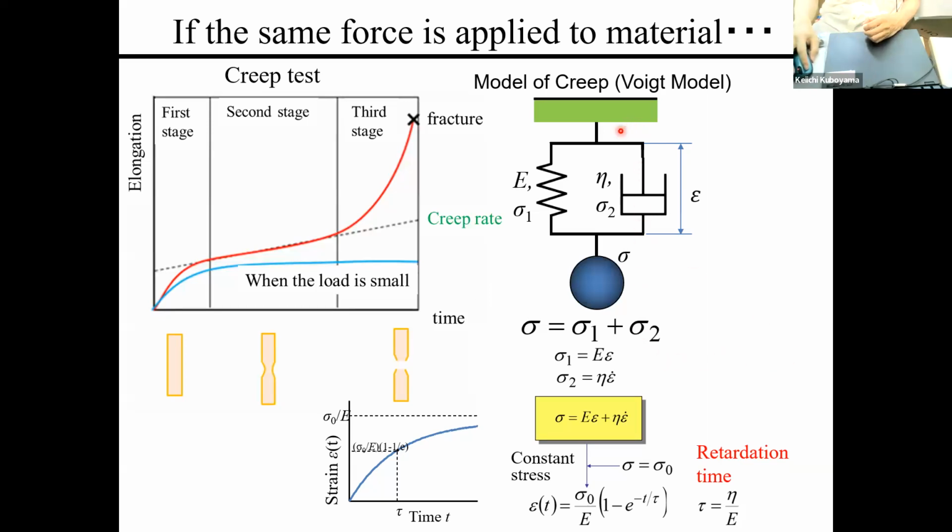In this case, you can also make an equation. The stress for each part is different, and the total stress is represented by the sum of the stress for each part. You can also make an equation for the spring and dashpot like this.